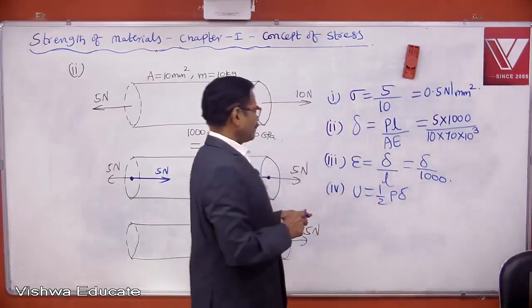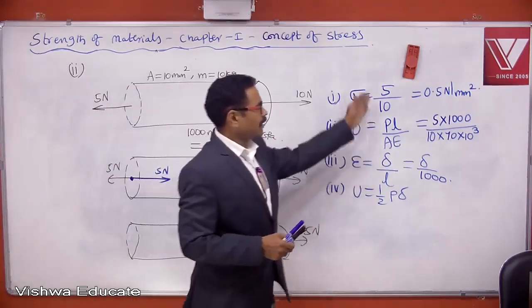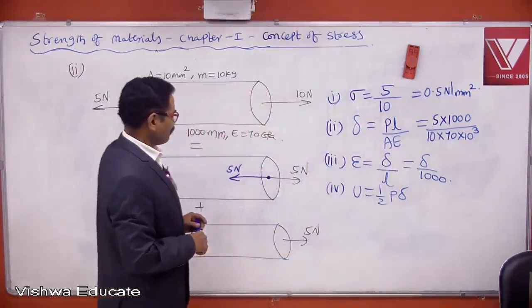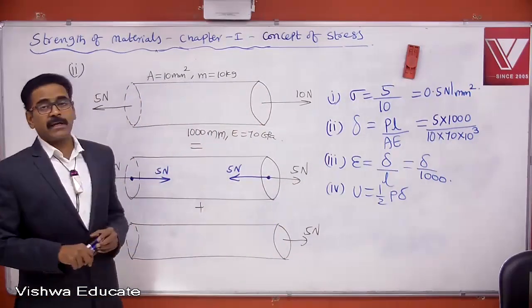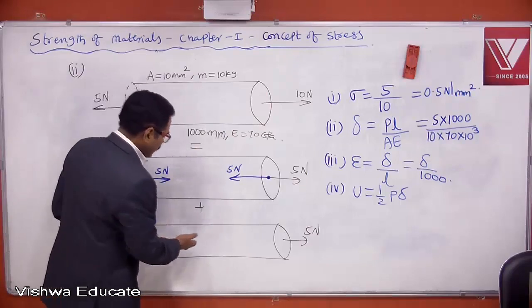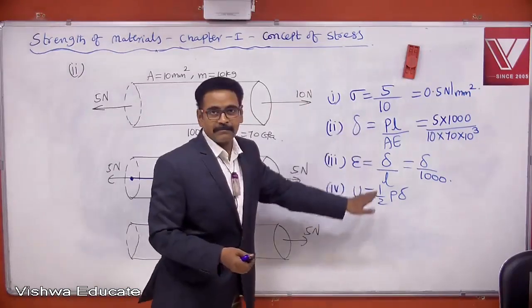So even this bar may carry strain energy also. All this formula I will derive shortly. For the time being, you may copy. So even strain energy will be there in this bar. But from the first problem, we are getting all these things.